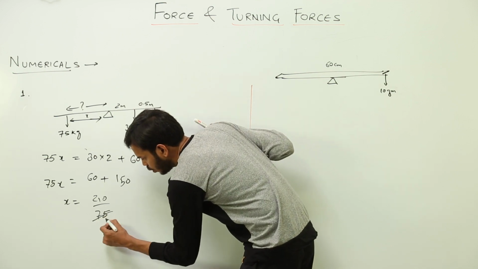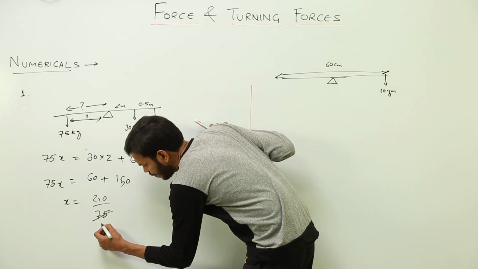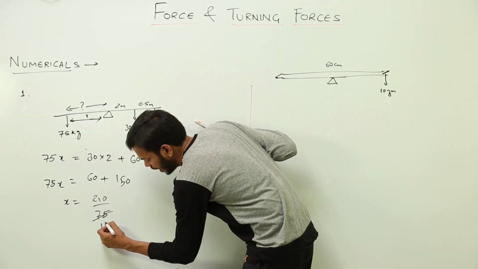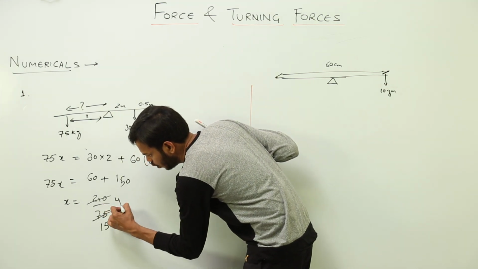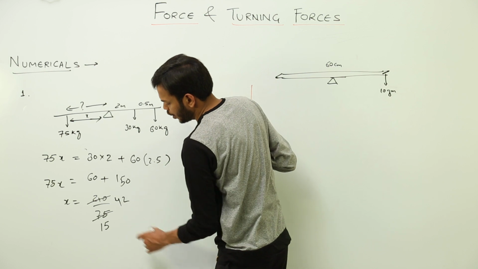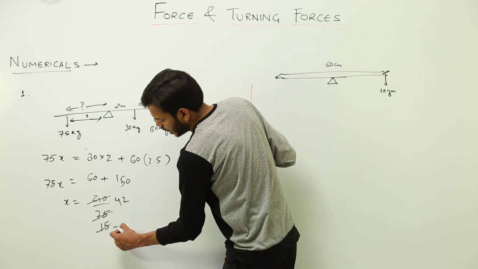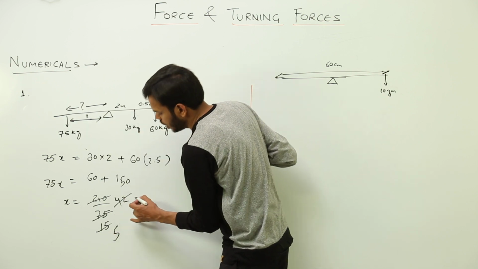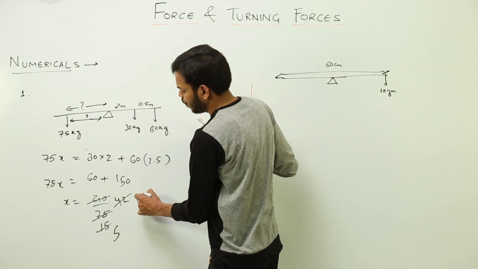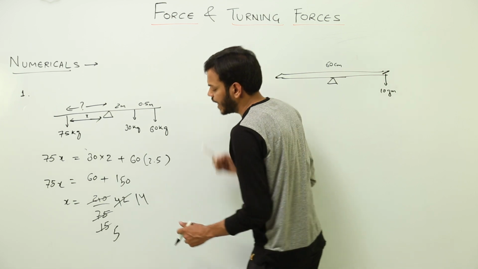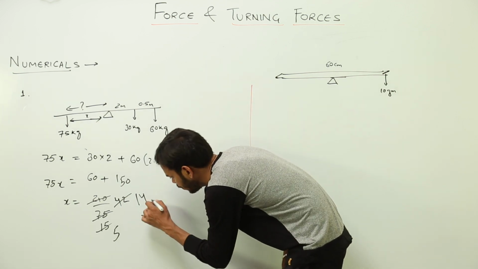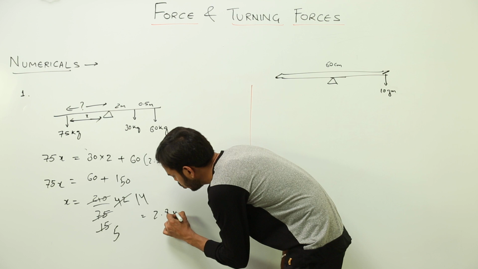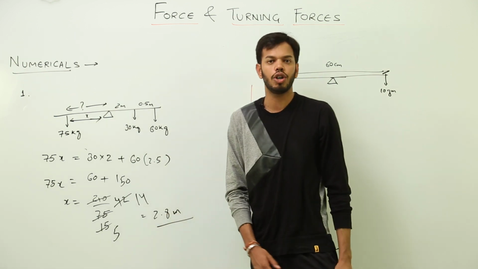So 210 by 75 becomes 14 by 5, that is, how much is that? 2.8 meters. This would be your answer.